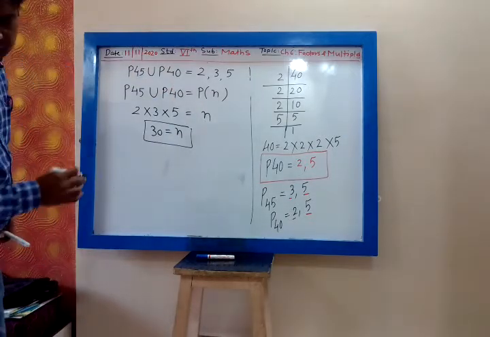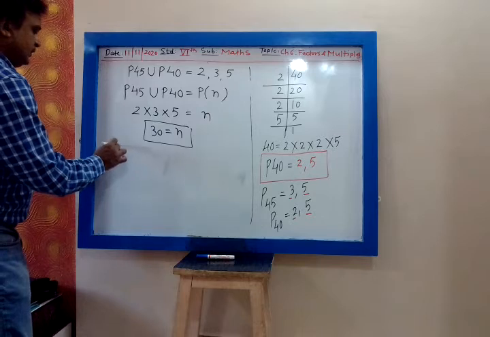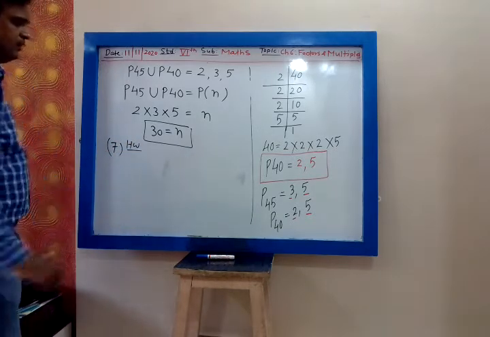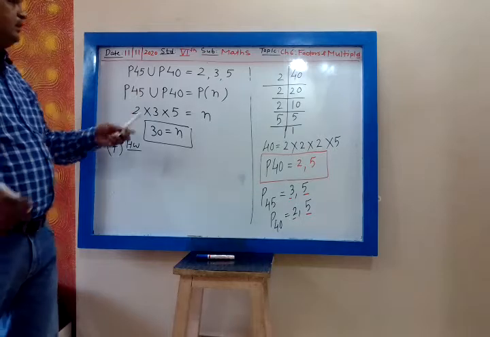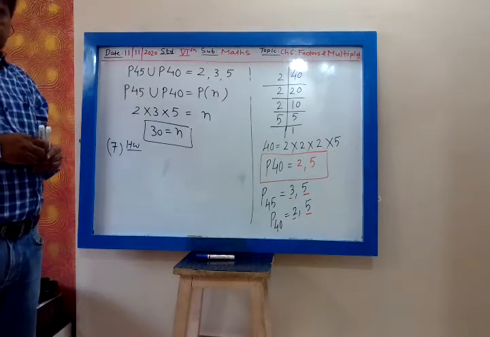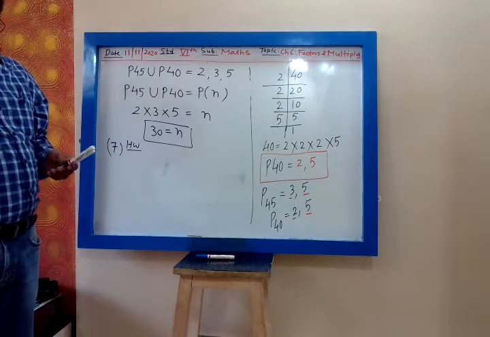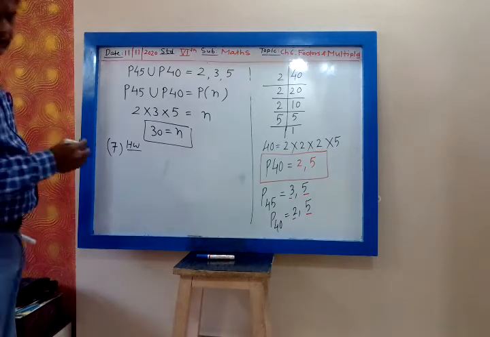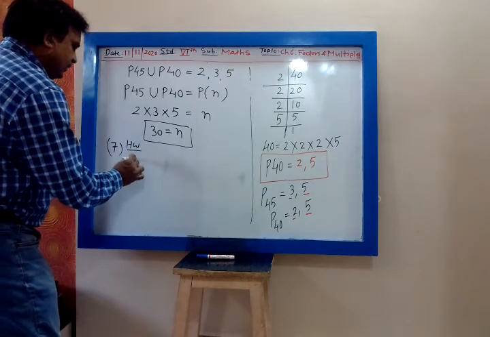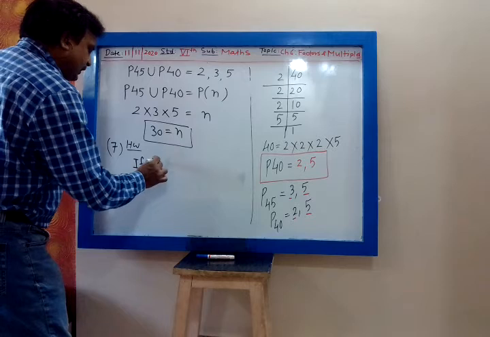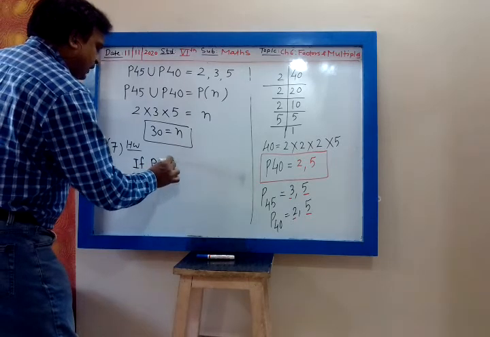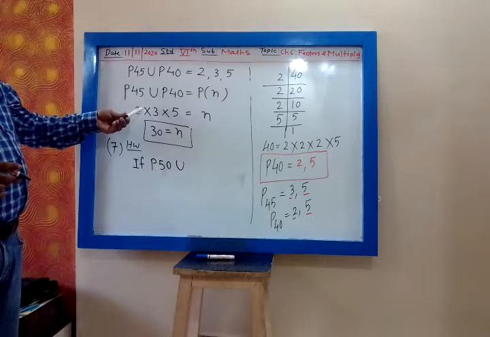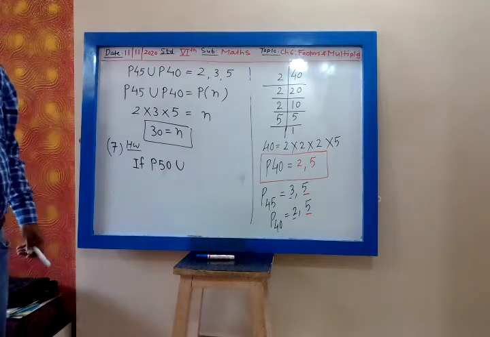For the seventh one I am giving homework. Common factor. Only that number will be n.